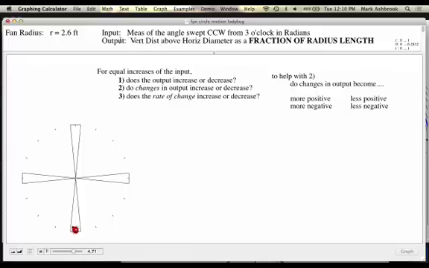So make sure you have your quantity straight. The input, yes, is angle measure, but I was asking about vertical distance. The vertical distance, this is 1 radius length from here to here. Or as a fraction of a radius, it's 1.